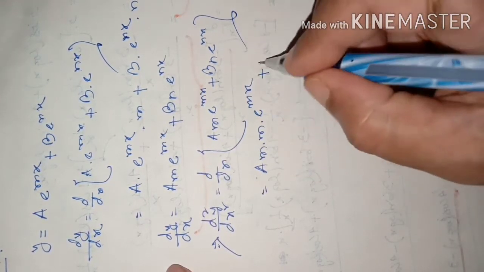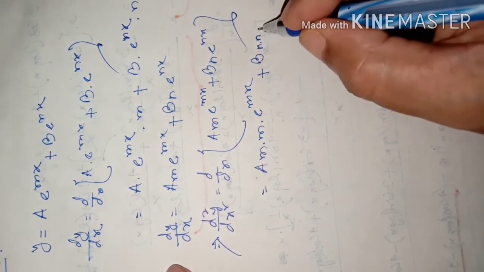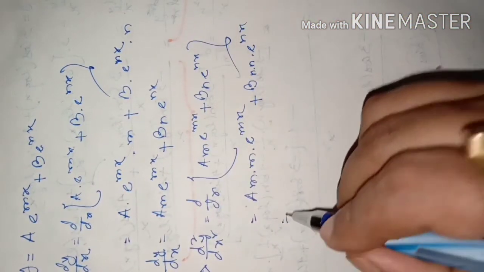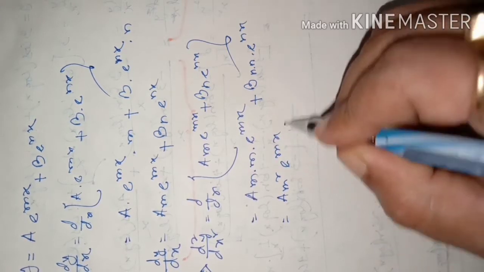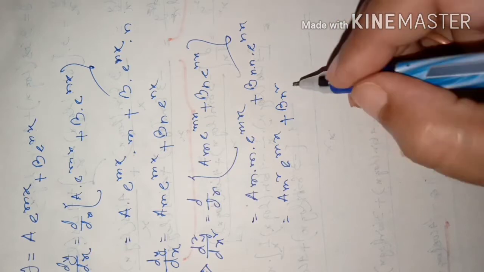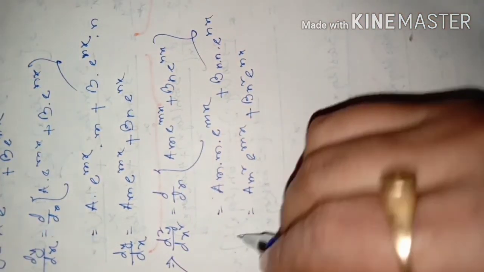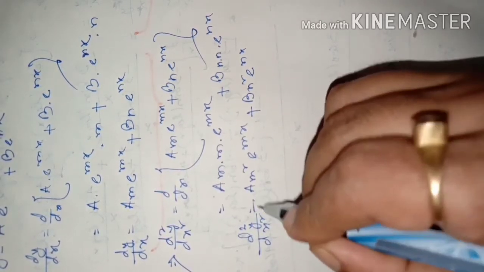Plus here will be one more n, already n is there, one more n will be here into e to the power of nx. So the final thing will be am square e to the power of mx plus bn square e to the power of nx. So this is d2y by dx square.